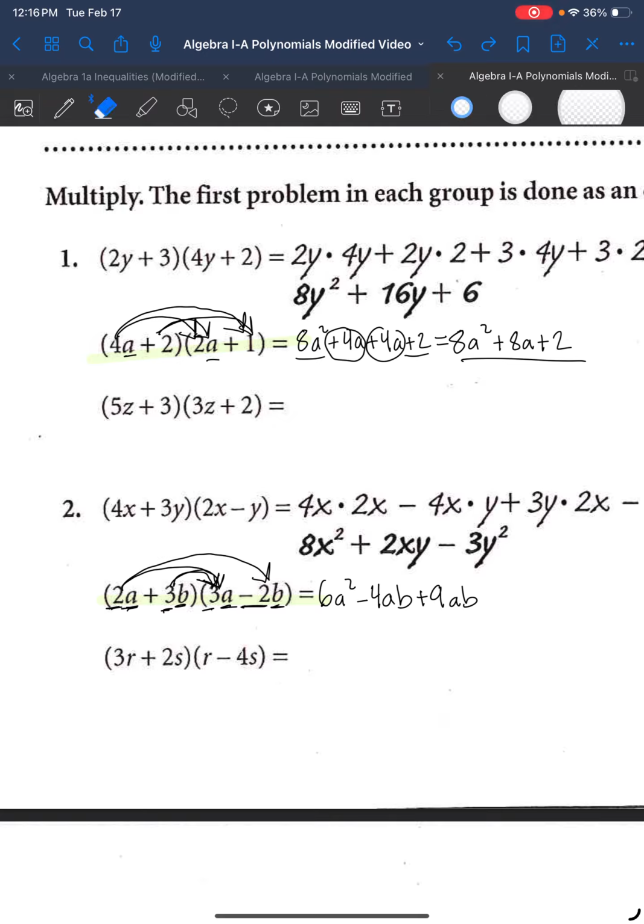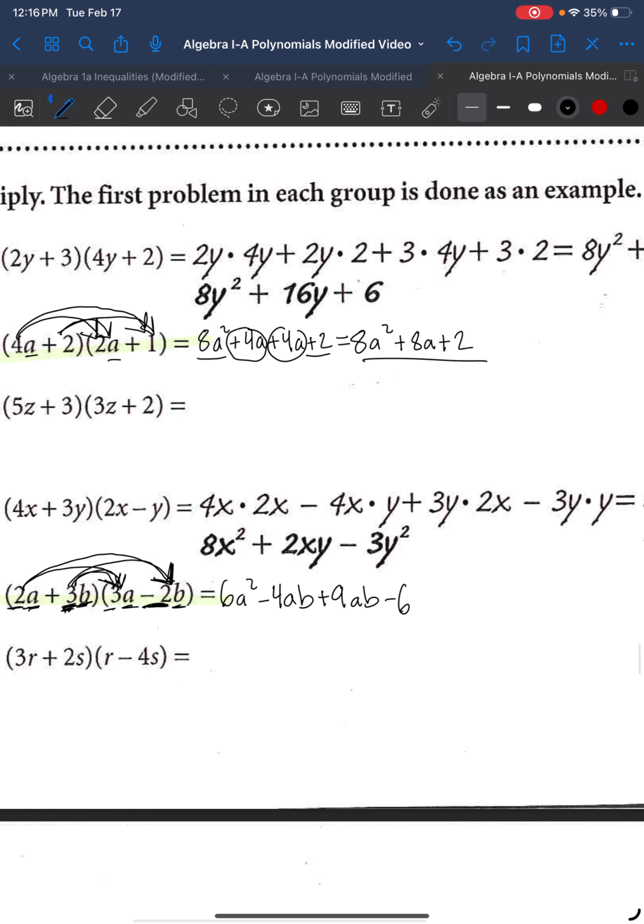Now I have to do 3b times negative 2b. So 3 times negative 2 is negative 6 because they have different signs. b times b is b squared.